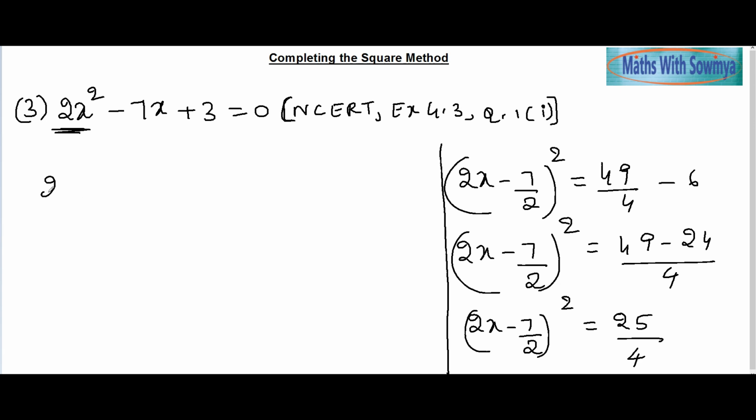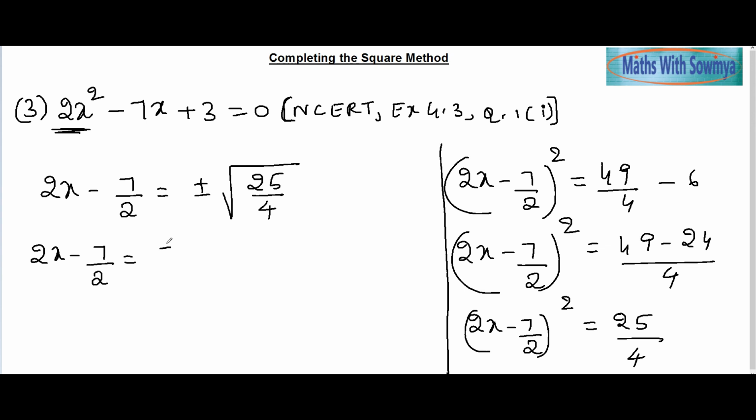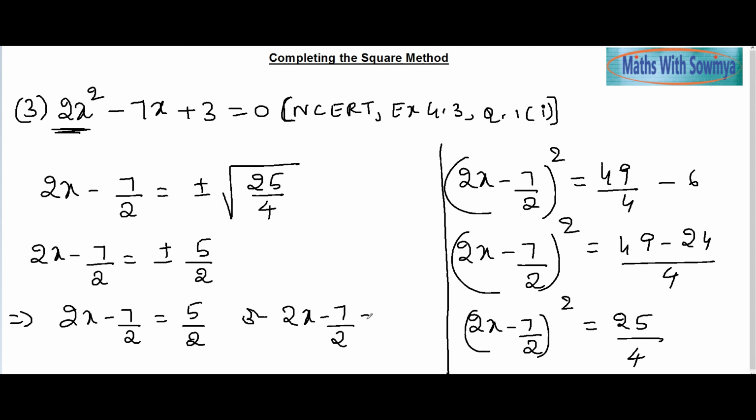So this is 2x minus 7 by 2 is equal to plus or minus square root 25 by 4. This is 2x minus 7 by 2, which is plus or minus 5 by 2, which implies 2x minus 7 by 2 is equal to either plus 5 by 2 or 2x minus 7 by 2 is equal to minus 5 by 2.